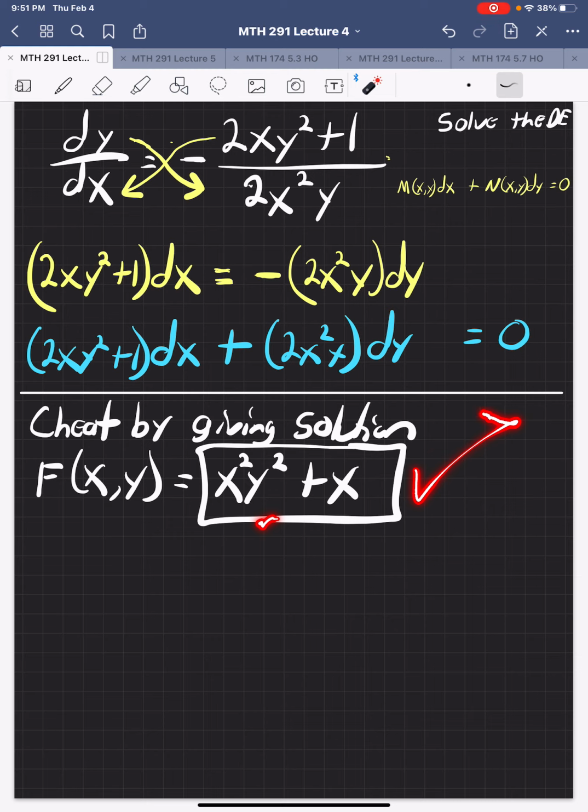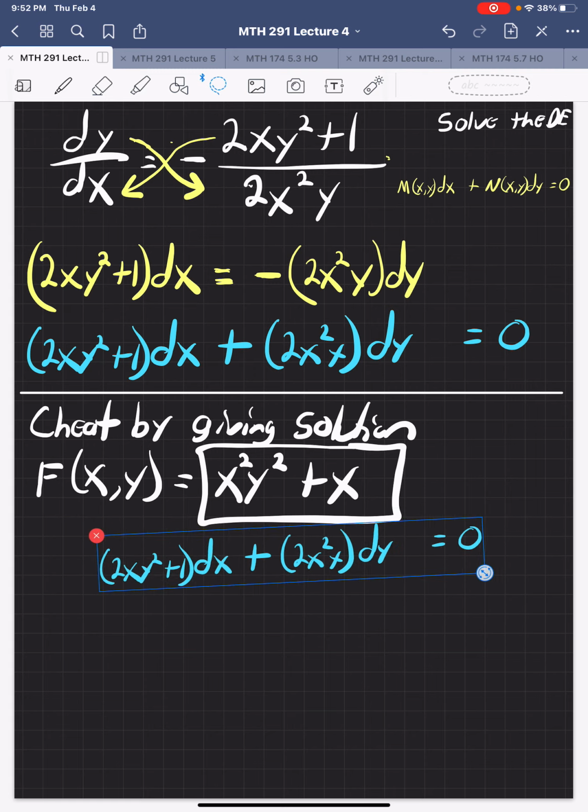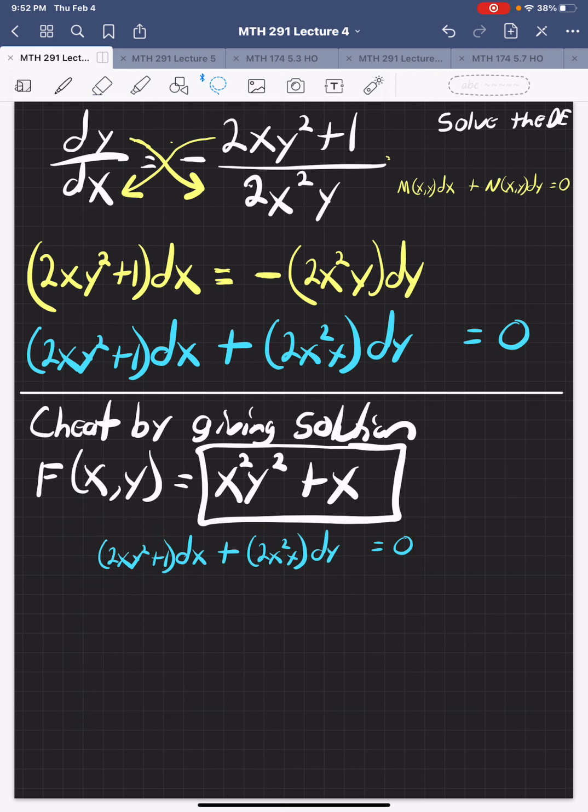And to show it, let's just say you take the partial derivatives. So we're going to come up here and take the partial derivatives of this. So let's take partials. At the bare minimum, even if you've had Calc 3, at least this will be a refresher.